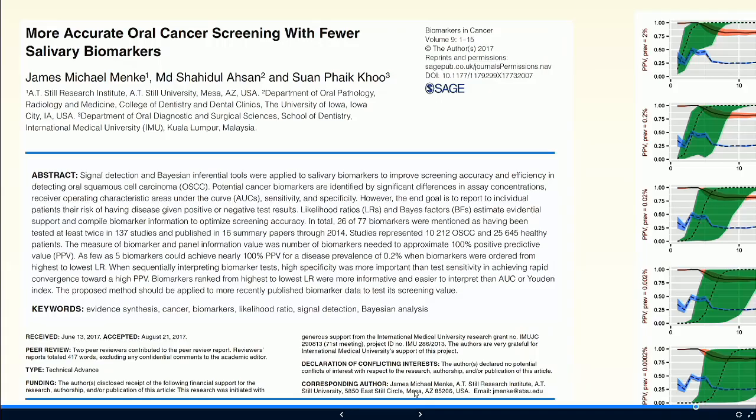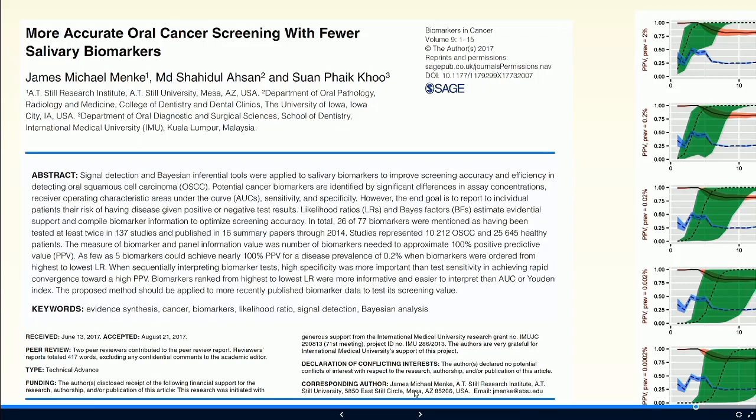I used the biomarkers' sensitivity and specificity and area under the curve to come up with likelihood ratios individually for each marker.